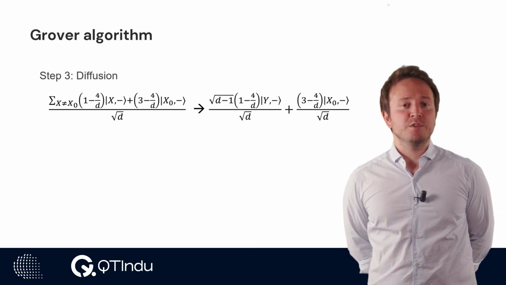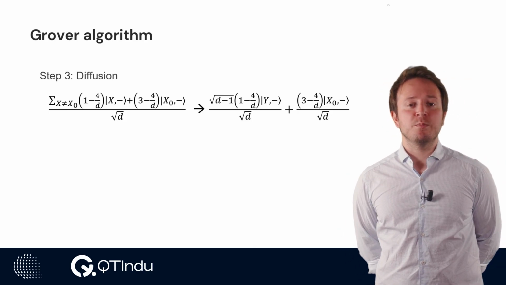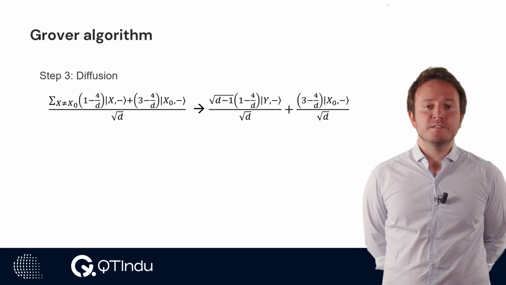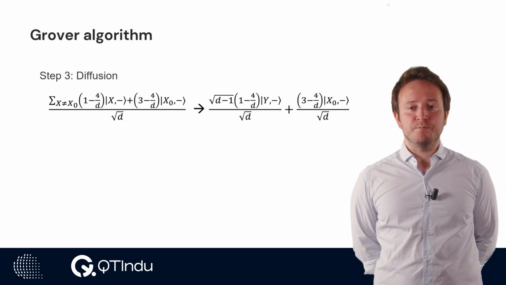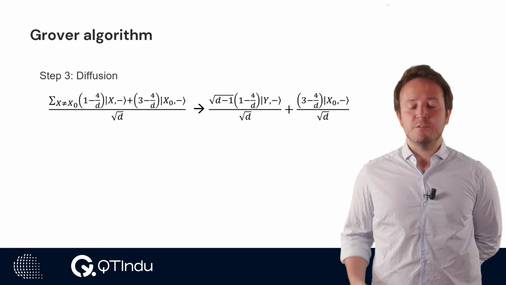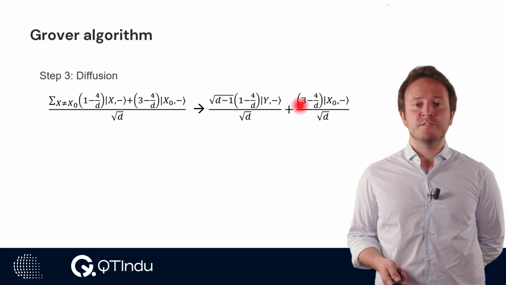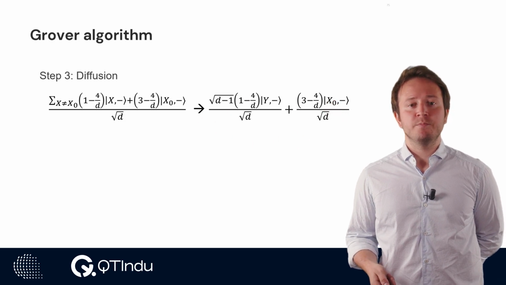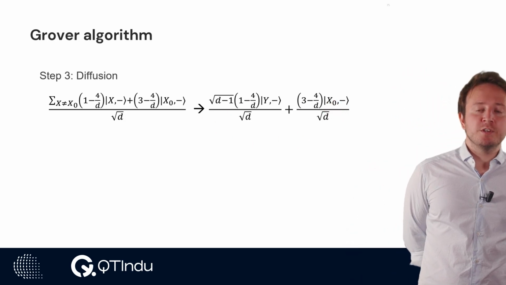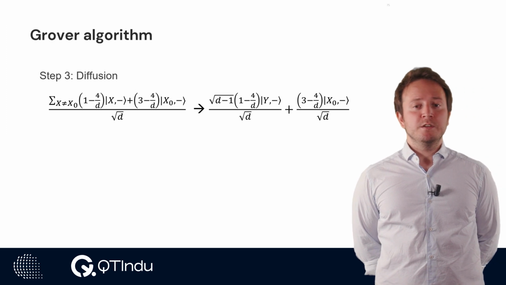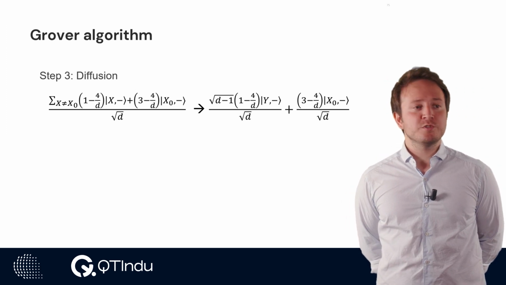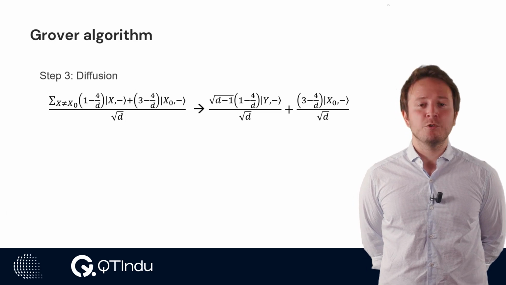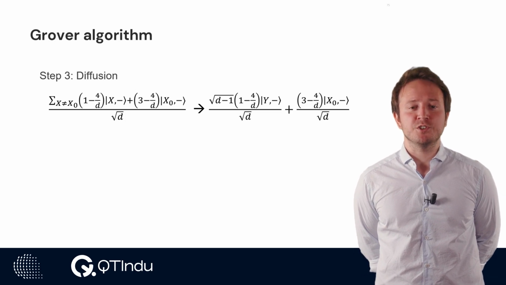So let's see then what happens with the Grover diffusion operator. We can still rewrite this in terms of the unwanted state y and the wanted state x of 0 in this way. This is, however, still not particularly insightful. So what we'll do now is try to introduce our angle theta back in the picture.